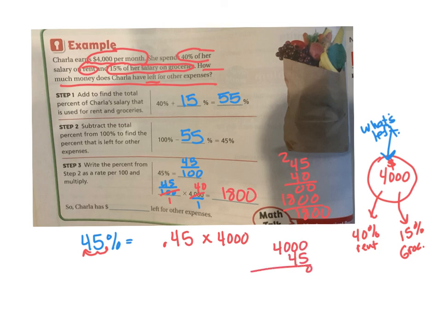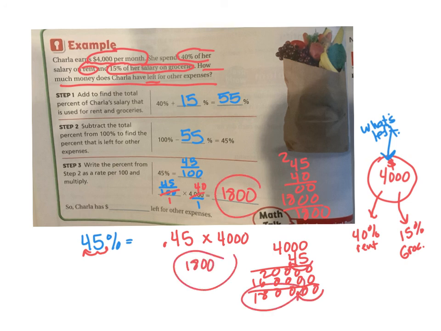You're going to get all kinds of zeros here. That's okay. Times 0.45. 2 decimals in, 2 babies in the car there, and there I get 1,800. I get the same answer.